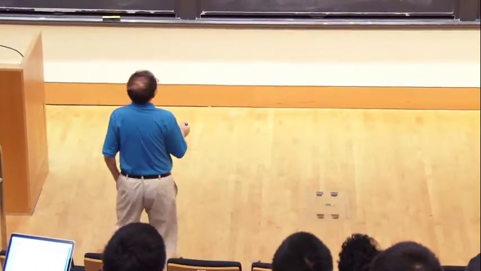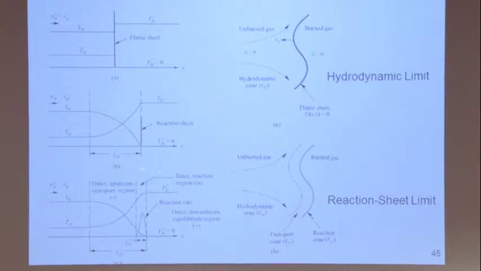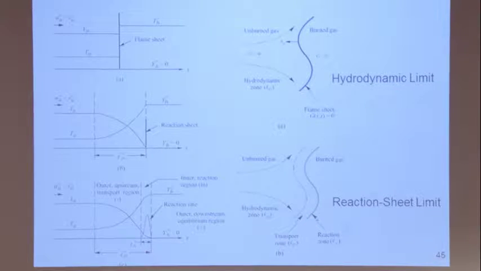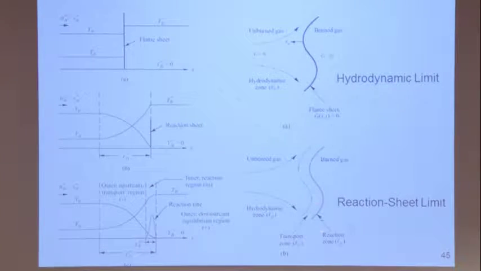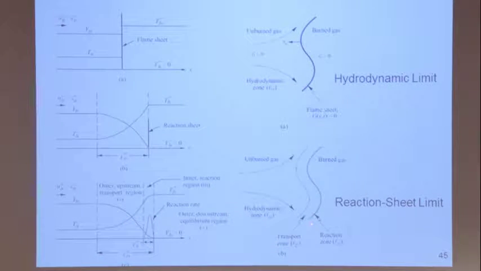And the other limit is, as what we have done, the reaction sheet limit, like this one. So we get this transport zone taken out, like here, this region. Flow is still non-uniform here. Finally, this sheet actually is not that crucial at this stage, so frequently you can still treat it as here.